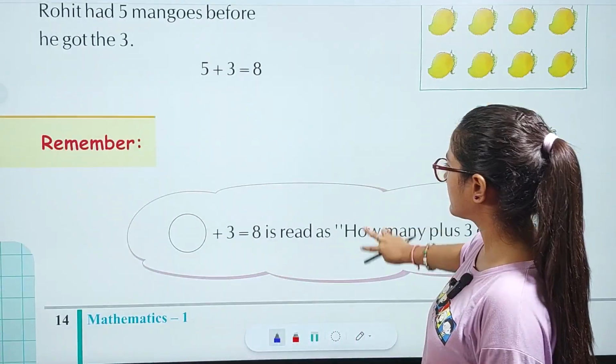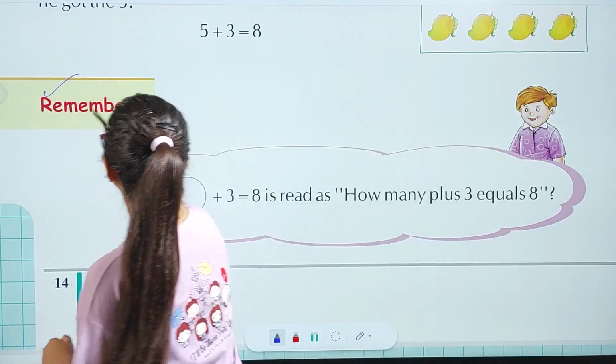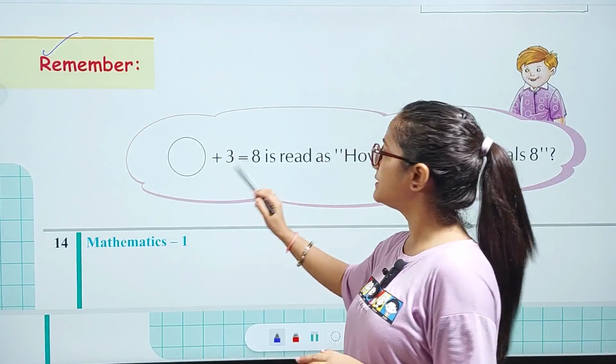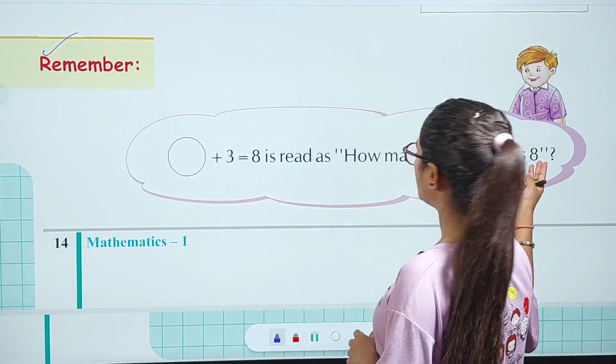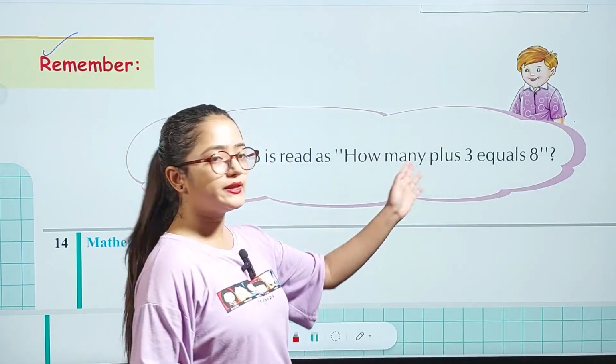Now before going further, there is a point to remember. This blank circle plus 3 equals 8 is read as: how many plus 3 equals 8.